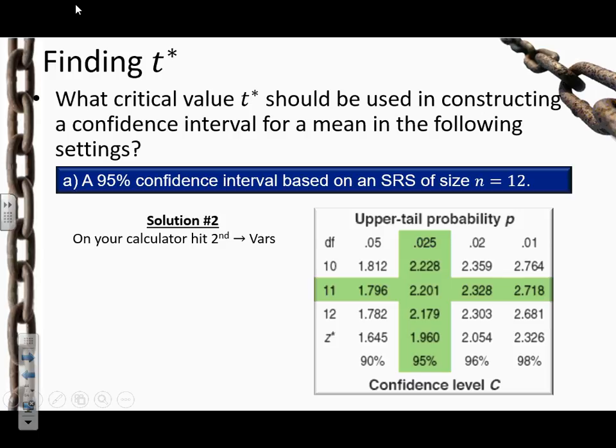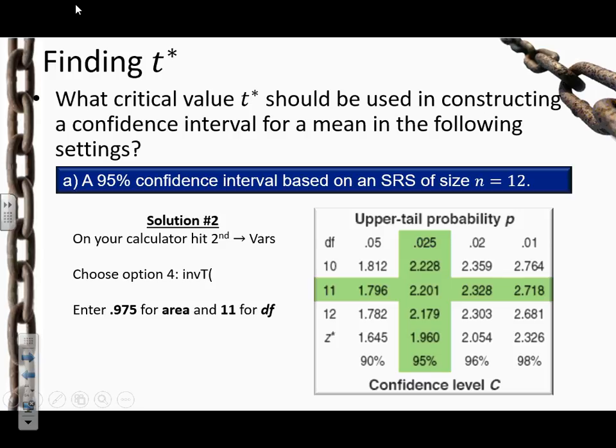In your calculators, hit second vars and choose option 4, inverse T, and you can just follow along on this. It's not a too in-depth process. You don't necessarily have to try to do this right now. Hit second vars, go to option 4, inverse T. Now, area. Just like with the inverse norm, we calculate area a little bit differently. We don't just plug in 0.95, because 0.95 is what's in the middle.